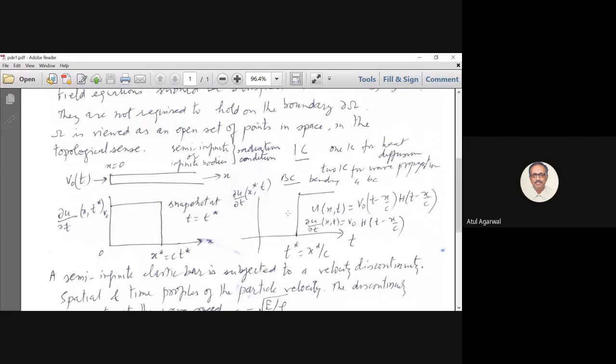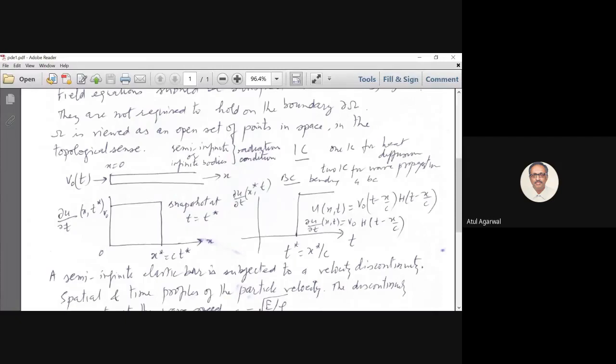And if you look at the velocity at position x star for all time t, suppose you are here, then till the time the wave reaches it, it has zero velocity. But once the wave reaches it, it gets a velocity equal to v naught, and the same velocity stays for all time.